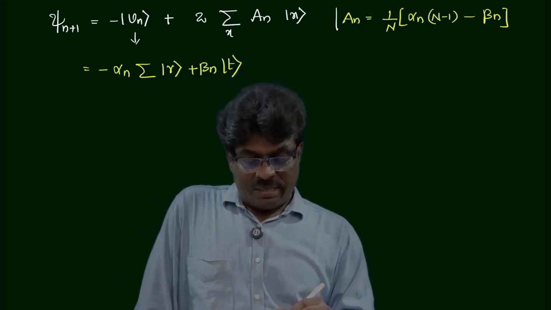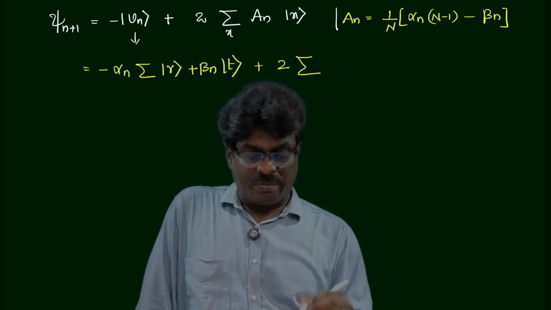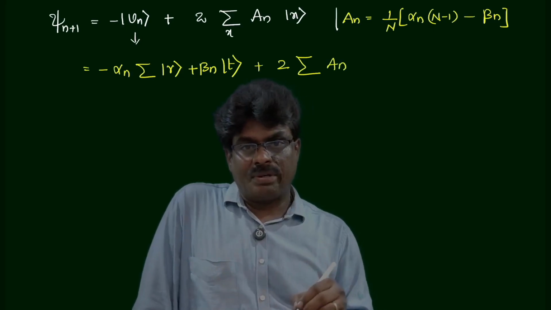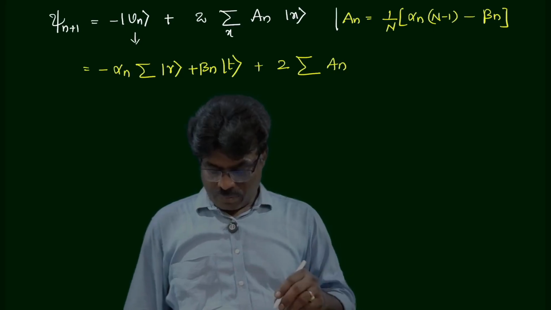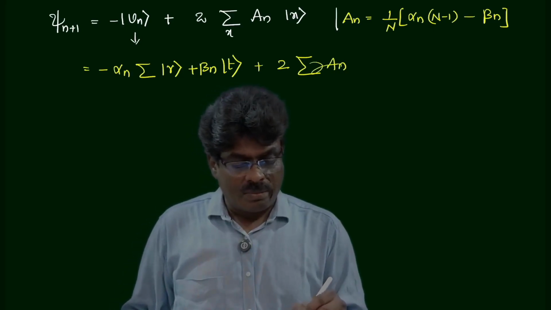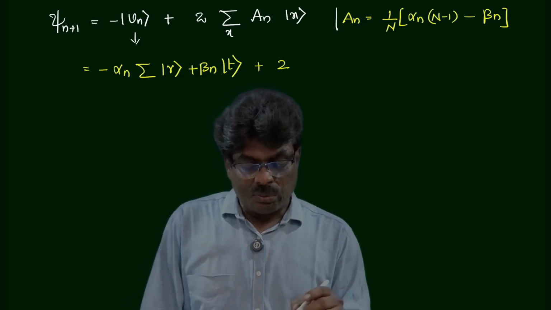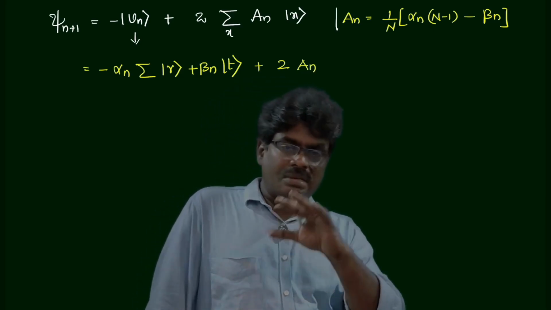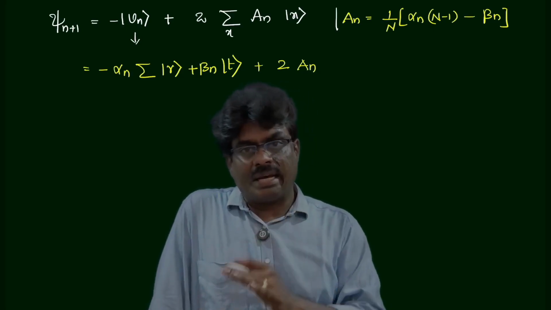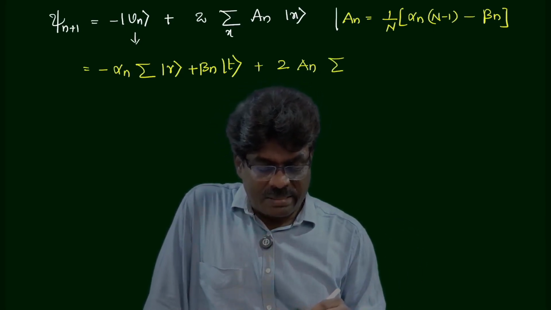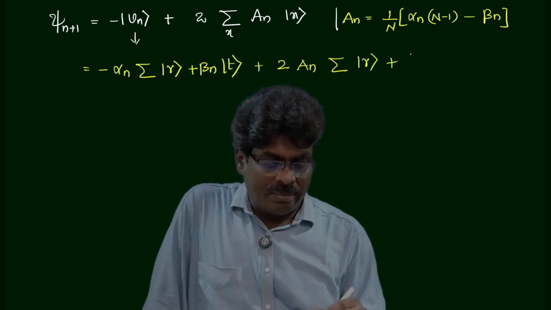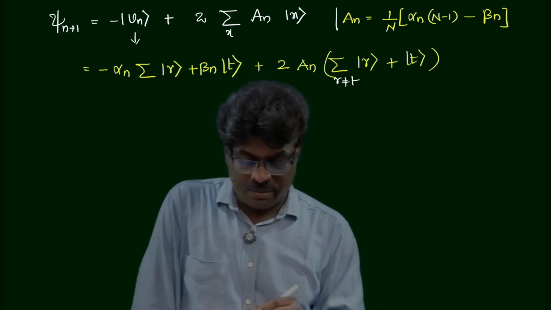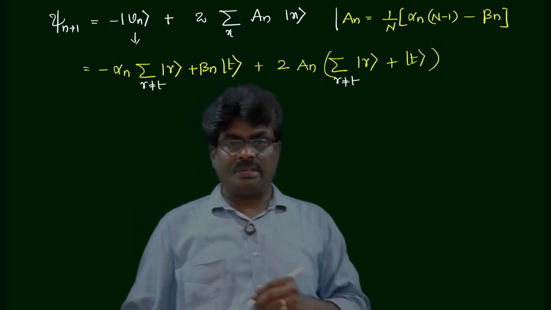After that plus 2, here we have summation, of course here we have an, and again here I'm going to split this as 2 an, the summation over x, that means the sum of all the states. I'm going to split it as target and remaining, so summation over remaining plus target, where r is not equal to t, and here also r is not equal to t.